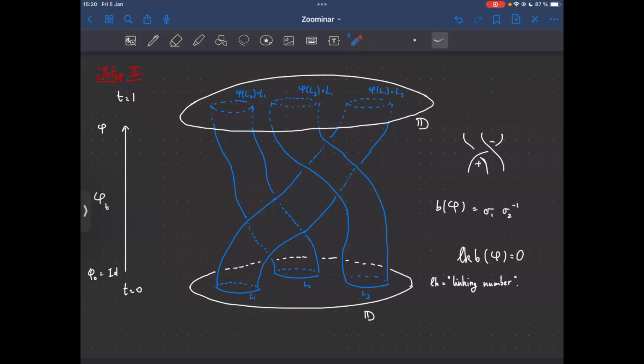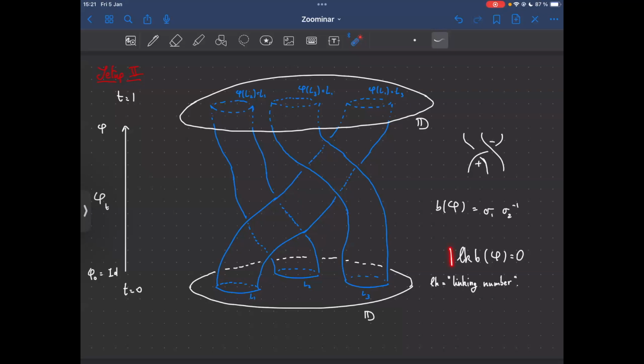So a positive crossing, reading the braid from bottom to top, is given by the left strand passing over the right strand, and conversely, if the right strand is the one passing over the other one, we have a negative crossing.